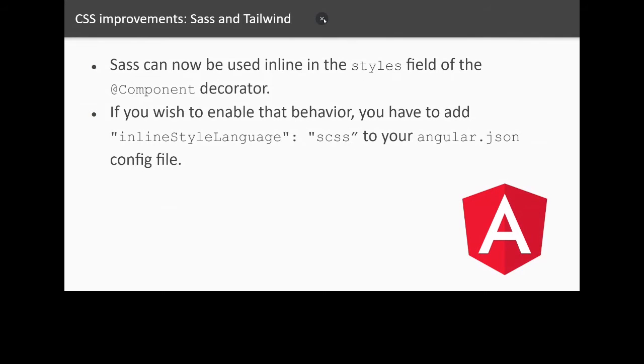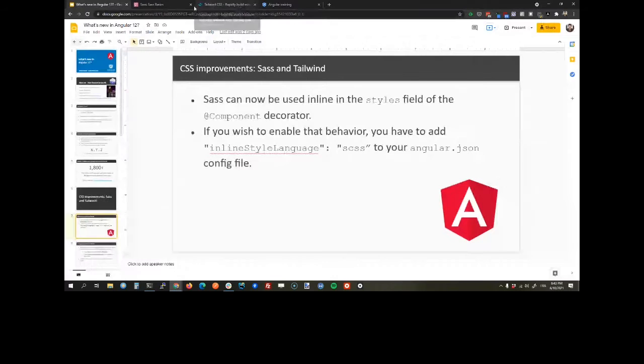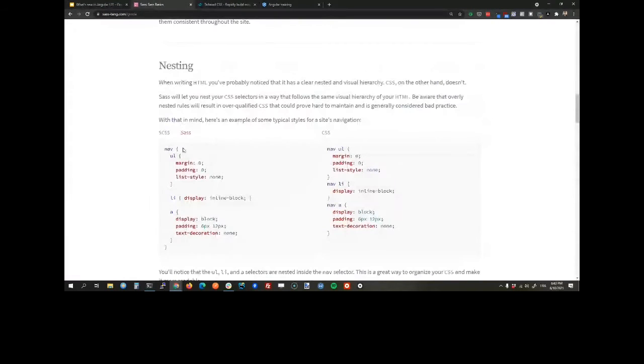And just as a heads up, if you're not familiar with Sass or SCSS, it's basically a CSS preprocessor. So it is a syntax that allows you to have things such as variables, like I'm showing here, or nesting. That's a feature that I use the most with SCSS.